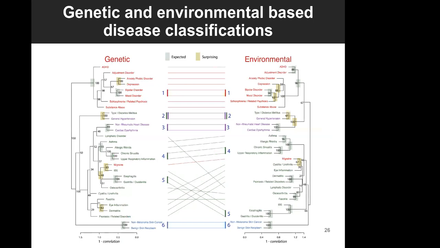Similarly, in the environmental cluster, we have some surprising findings, mostly type 1 diabetes with general hypertension, migraine with IBS, and also migraine with other kinds of inflammatory diseases. So these are very surprising coming from genetic and environmental analysis.